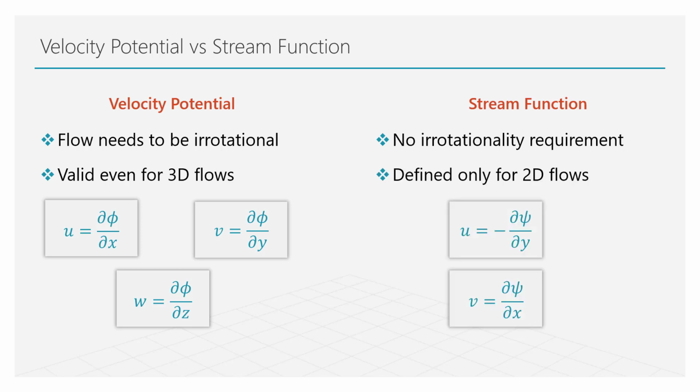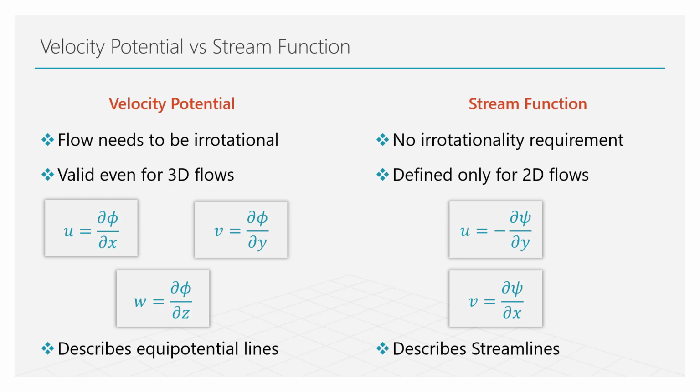Stream function is defined only for two-dimensional flows. Constant velocity potential lines are called equipotential lines, whereas on the other hand, constant stream function lines are called the streamlines. In fact, these two lines are perpendicular or orthogonal to each other.